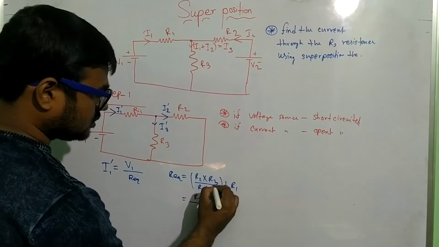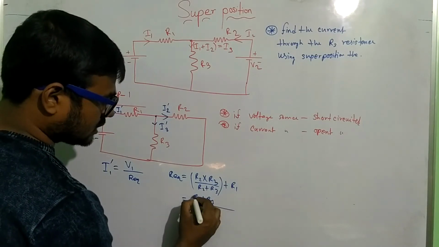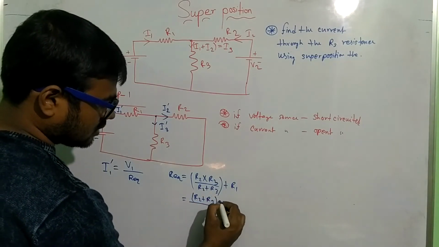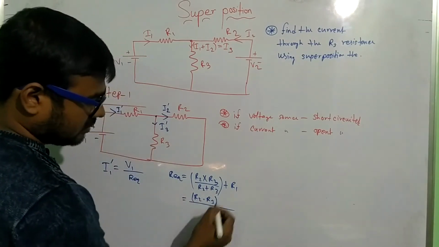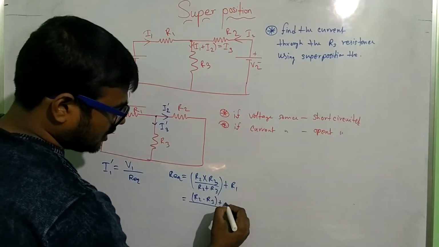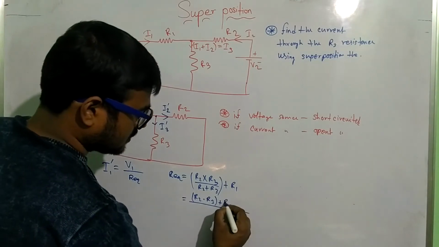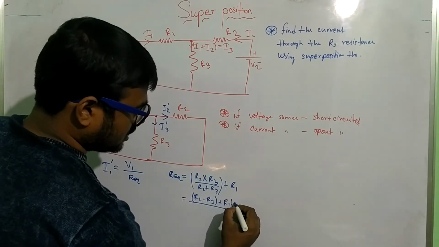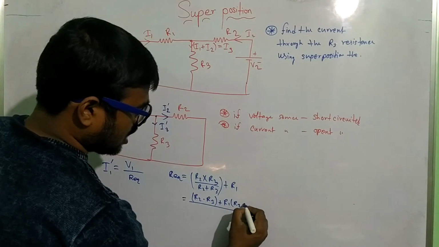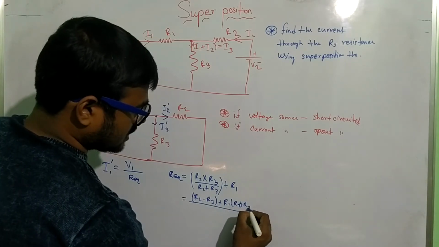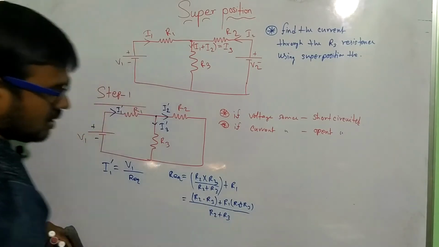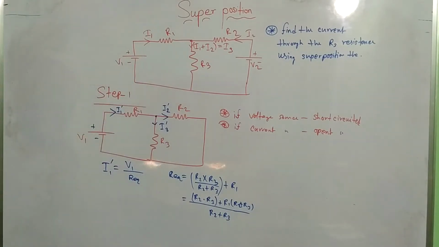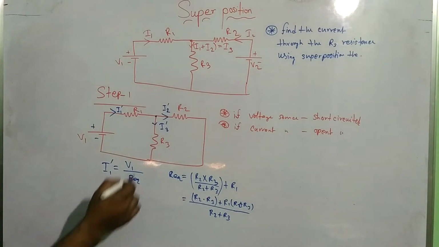So what is the result? R2 R3 multiplication plus R1 into R2 plus R3, divided by R2 plus R3. So this is our R equivalent. How to find it?